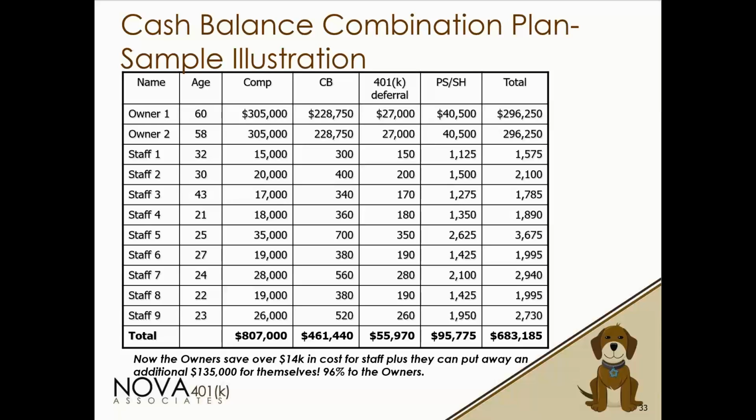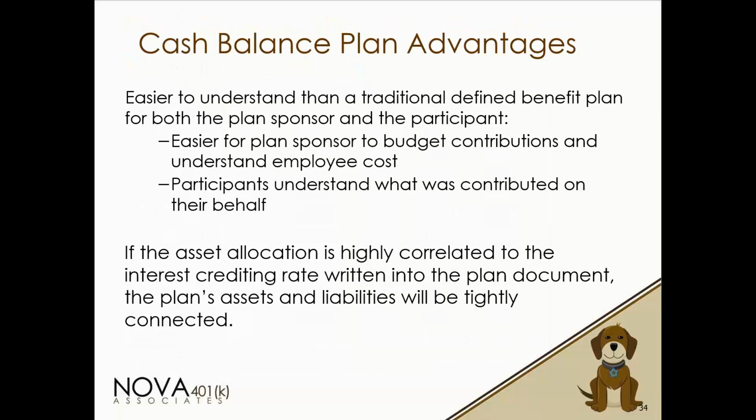So our 94% has now gone up to 96%, and the dollars have gone up. The dollars to the owners have gone up. The staff cost has actually gone down. So you can see why that's pretty advantageous.